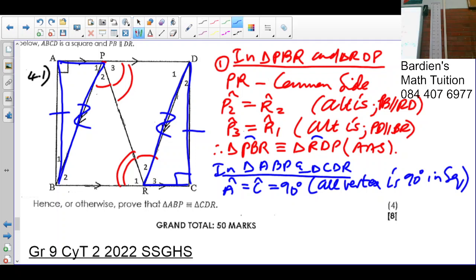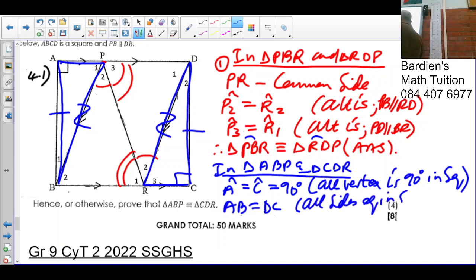So then we said that AB is equal to DC. Why? All sides equal in a square. One more, the other one was PB is equal to DR. Why?